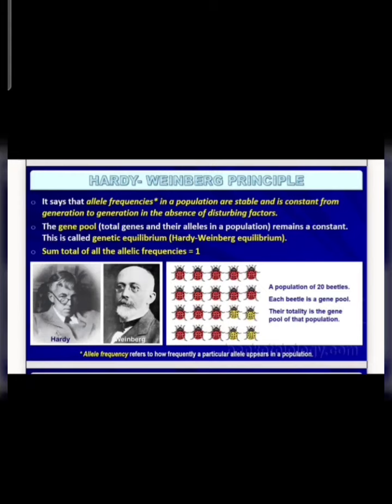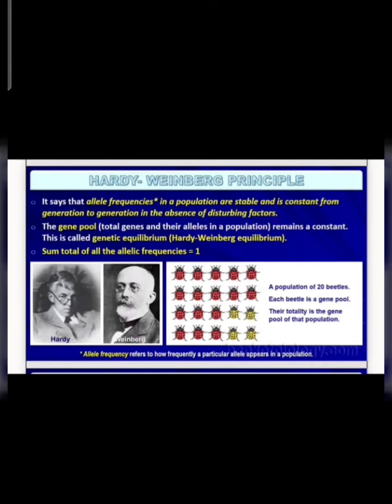So what is the meaning of this definition? All the frequencies in a population, so frequency of different alleles, particular alleles in one population, one allele, one gene, one expression, they will be stable and constant from one generation to another generation. So in the absence of disturbing factors, it must be the same. If you consider a population, the alleles or the genes in that population will be constant, and from one generation to another generation the characters, everything will be constant.